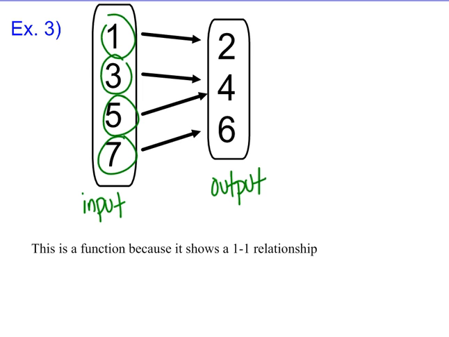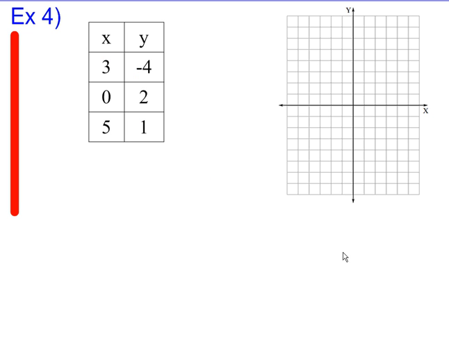Now, we're going to see whether something is a function four different ways. First, we looked at it through mapping diagrams. Now we're going to take a look at tables. Tables are another way we can look at things. And here we have a table. We have 3, 0, and 5, and negative 4, 2, and 1 are our y values. We have to remember that our x represents our input, and y represents our output.